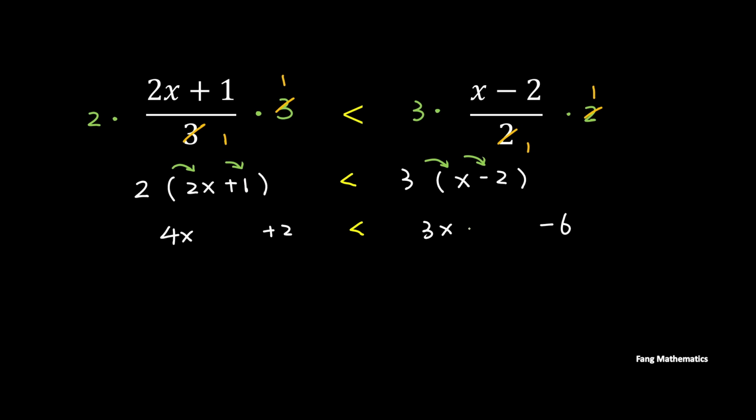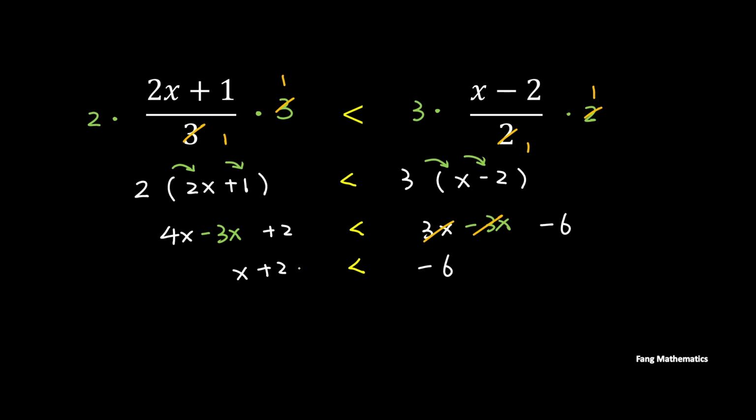So you have the 3x on the right. We are to eliminate the 3x on the right by minusing 3x. On the right, I believe your 3x and minus 3x eliminates, leaving you minus 6. On the left-hand side, 4x minus 3x to give you x plus 2, and the inequality remain unchanged.